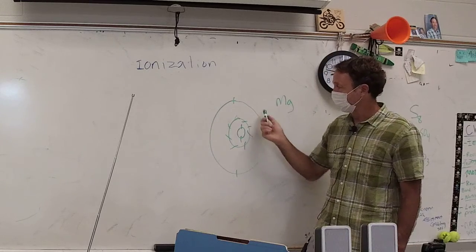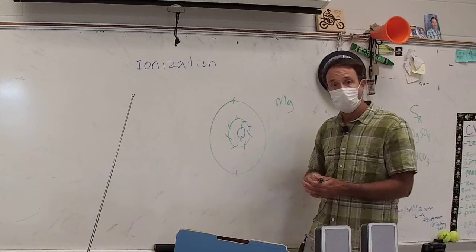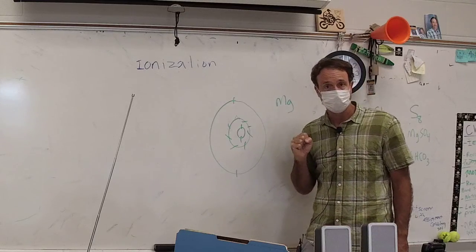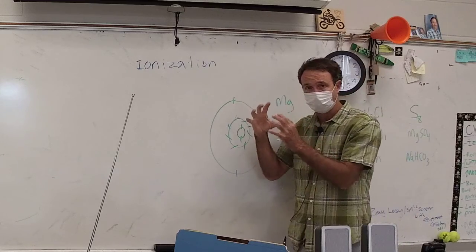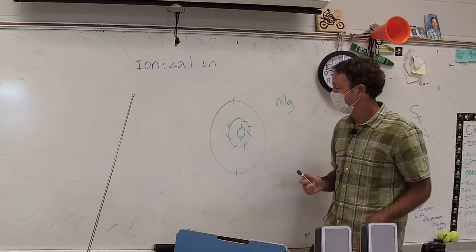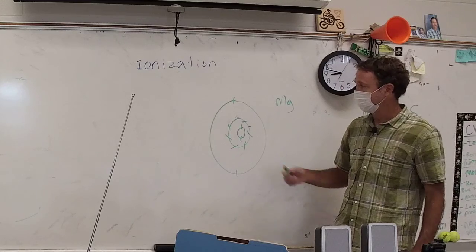The more valence electrons you have, the harder it is for someone to take one from you, okay? Because the more valence electrons you have, the smaller your atom's getting. All right. Magnesium. This is magnesium.